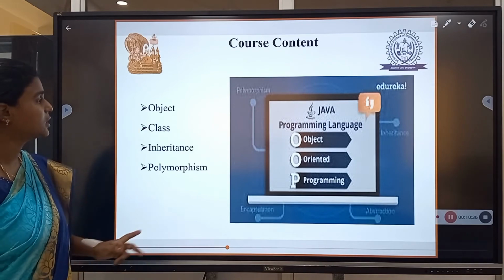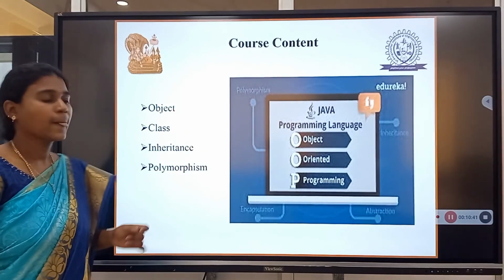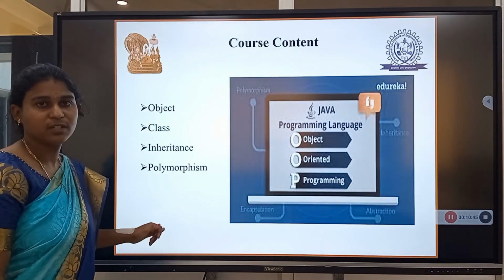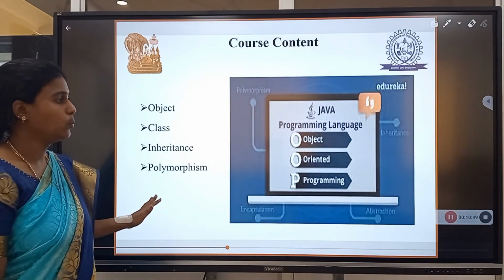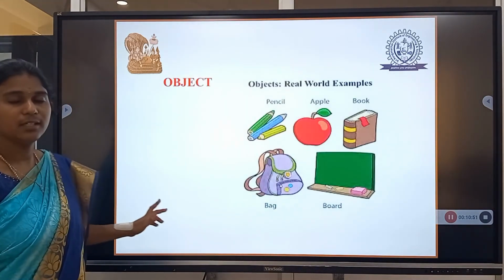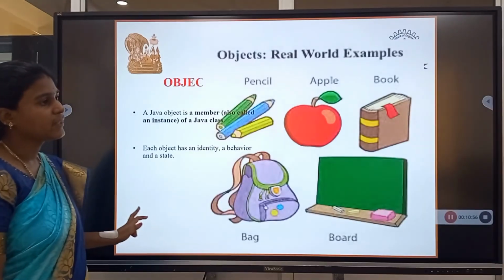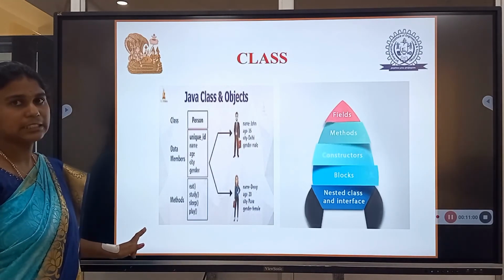What are the basic pillars of object-oriented programming? Object, class, inheritance and polymorphism. These are all the pillars of OOP. An object is a real-world entity. A class is a collection of object data members and methods.